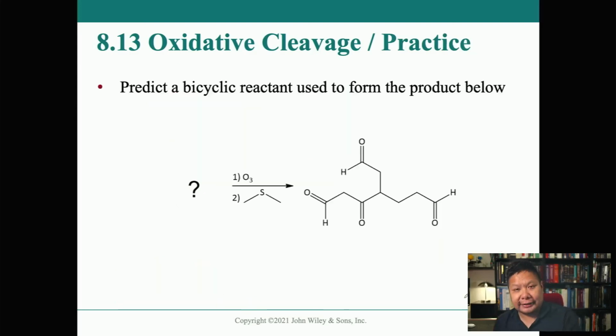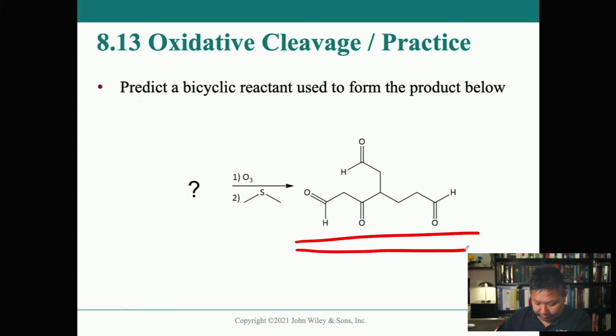So we have another oxidative cleavage here, except we already have the product, and it's asking us to give the reagent, whatever the bicyclic molecule was that created this. The first thing to note is that we need to know how many carbons there were, and we can already see that there's 1, 2, 3, 4, 5, 6, so that means that we already have a cyclohexane.